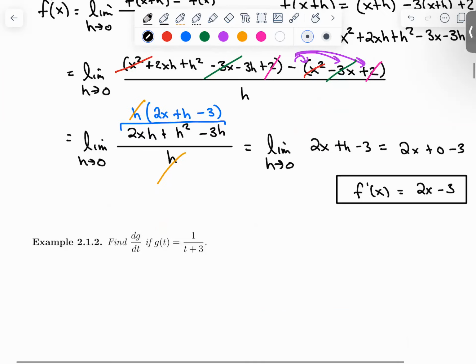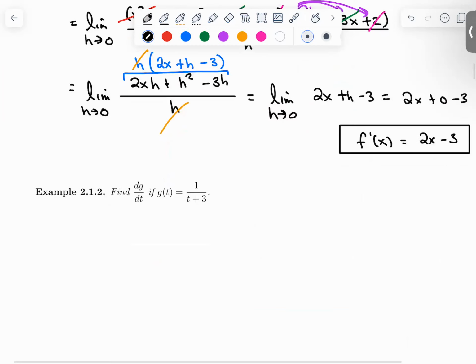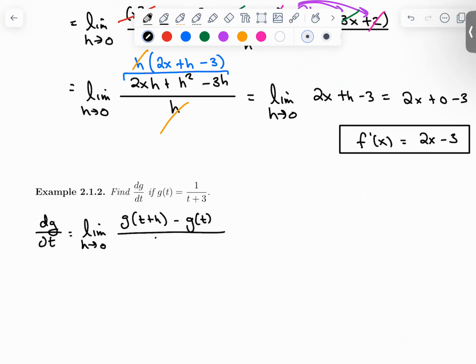So this one: find dg dt if g of t is equal to 1 over t plus 3. I deliberately changed the variable to show us that it doesn't matter what the variable is. So by the definition, dg dt would be the limit as h approaches 0 of g of t plus h minus g of t divided by h.